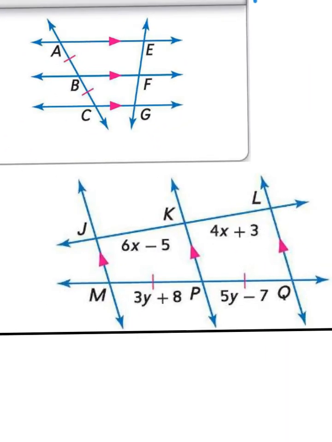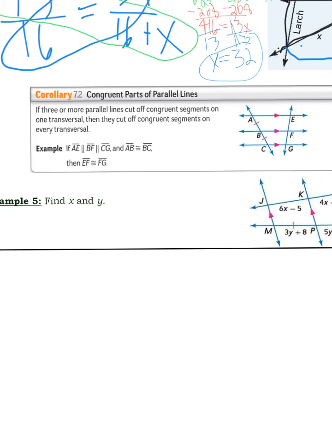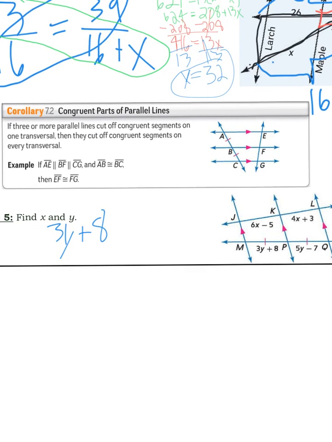Let's just do the y's first. You see they're already marked as congruent. So I'm just going to set them equal to each other and solve. I'll go 3y plus 8, and that's going to equal 5y minus 7.